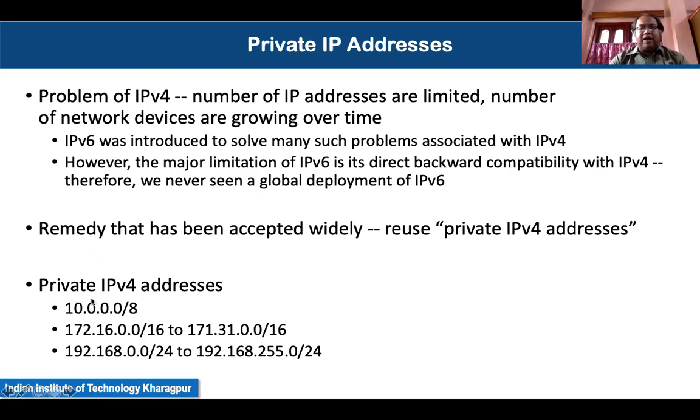In class A, you have 10.0.0.0/8 as the private IP address. In class B, you have 172.16.0.0 to 171.31.0.0 as the private IP address pool. And in class C, you have 192.168.0.0 to 192.168.255.0 as the private IP address.